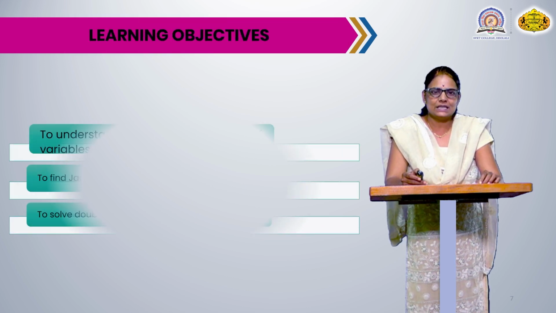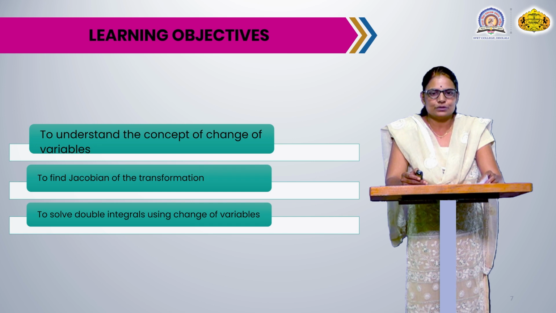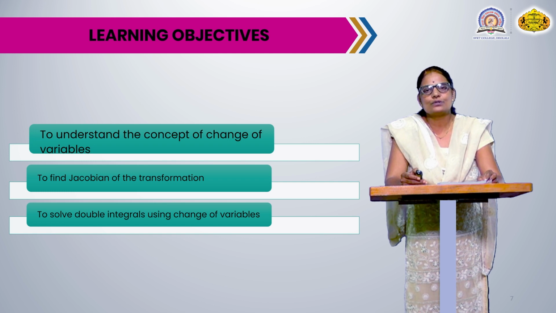After watching this video, students will be able to understand the concept of change of variables, to find the Jacobian of the transformation, as well as to solve problems of double integrals by using changing variables or the substitution method.